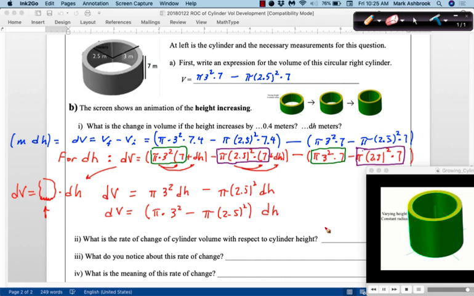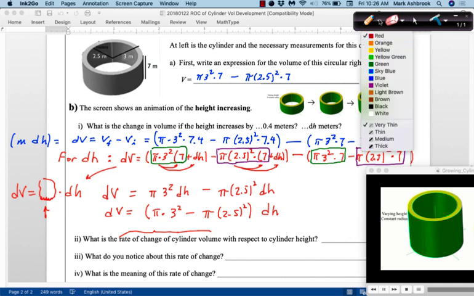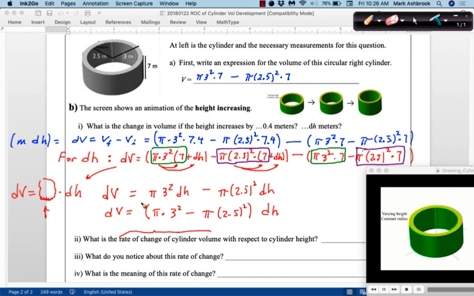So what's the rate of change of cylinder volume with respect to cylinder height? dv equals rate times dh, right? So this rate of change is this thing right here. Here's the rate of change.